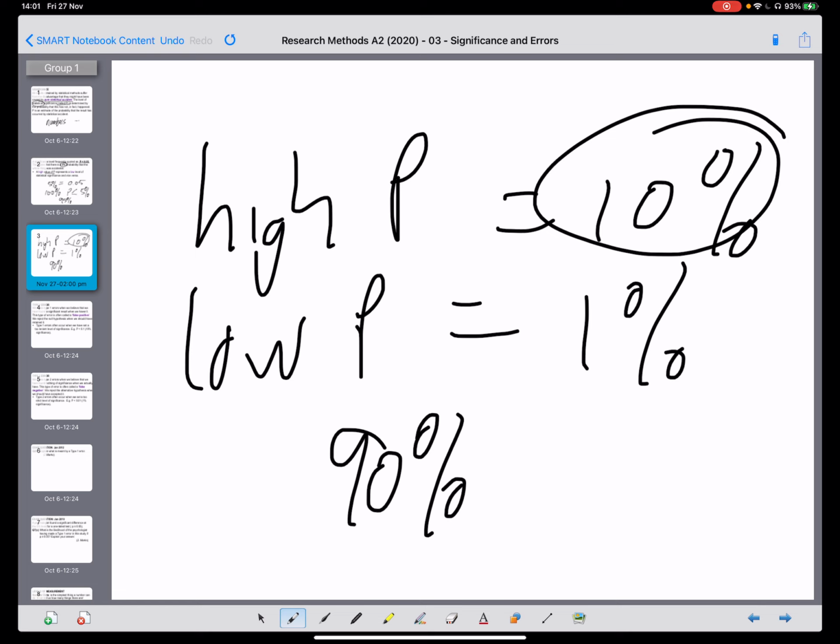The first thing we need to recognize is that we will ultimately have to decide whether something is significant or not. Before I do that, I need to state a level of significance.